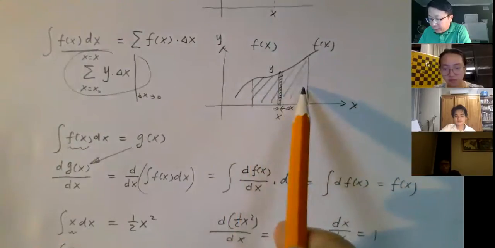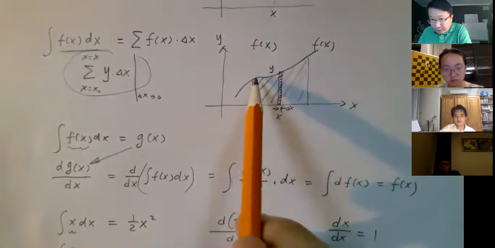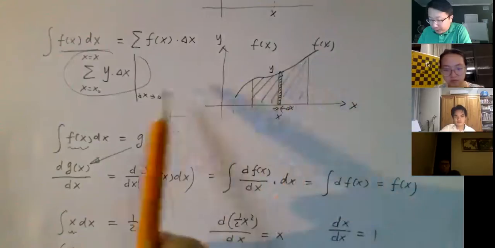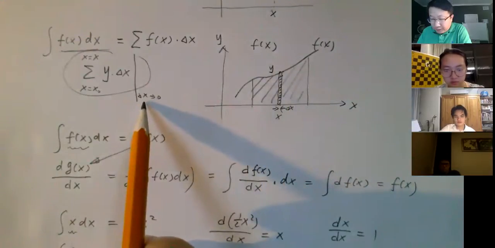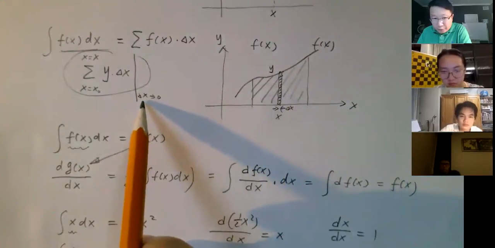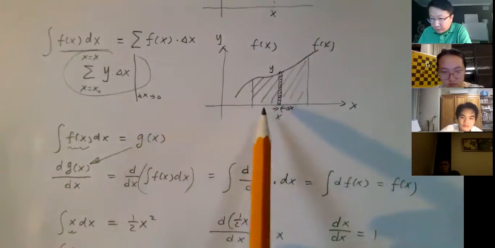In order to make this perfectly accurate, you need, same thing as the derivative, to push delta x smaller, eventually to 0, and so that's a limit.